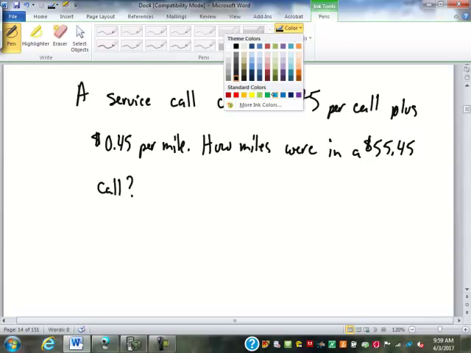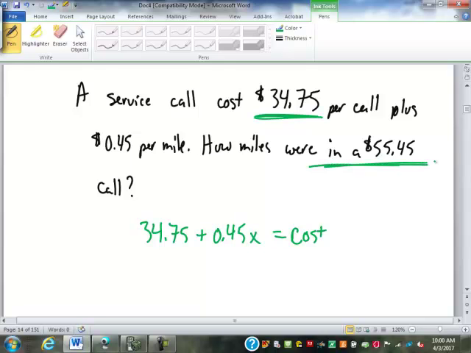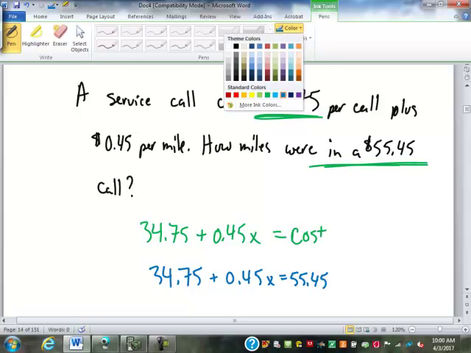So here what we have to do is write an equation. The service call is $34.75, so it's 34.75 plus 45 cents a mile, so 0.45x, where x is the mileage. That's going to equal our cost, price. Well, if the call cost $55.45, put $55.45 in for the cost.